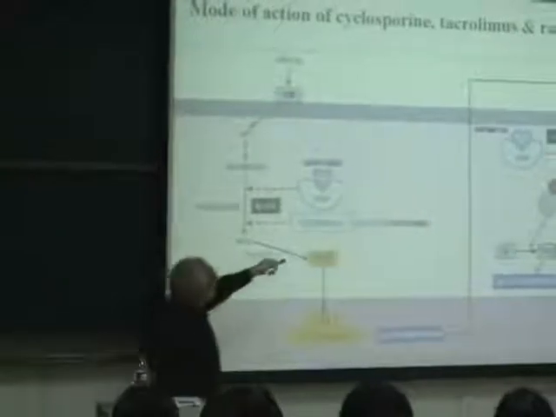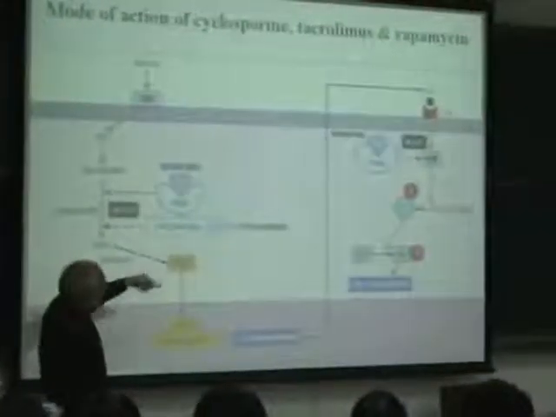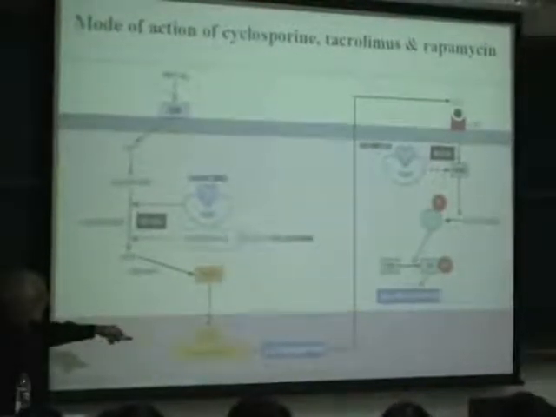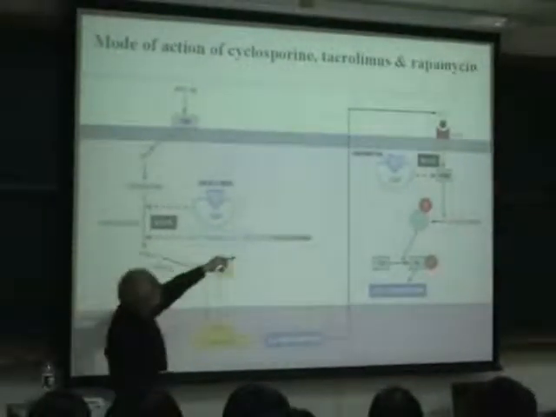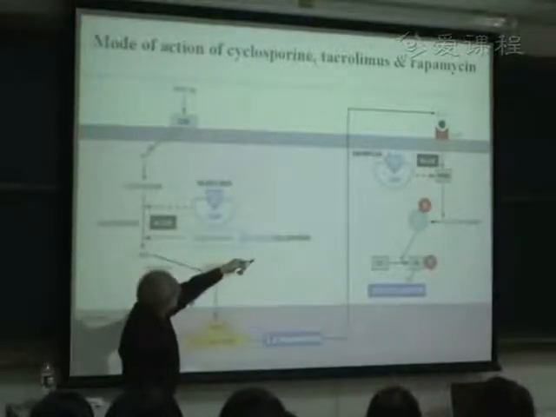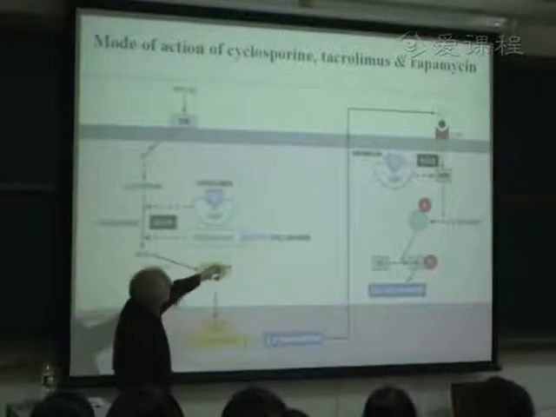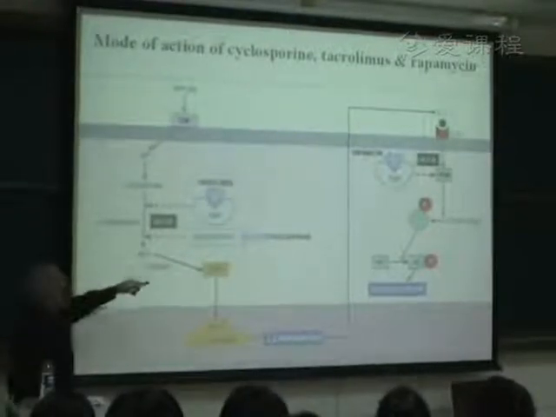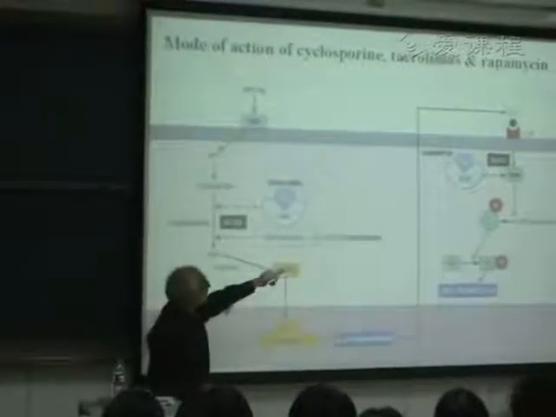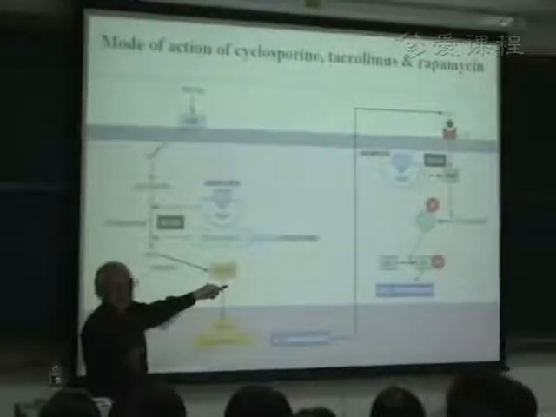In contrast, rapamycin acts later on. When T cells become activated, they start making interleukin-2. That interleukin-2 then binds to the interleukin-2 receptor on those T cells, and rapamycin blocks the signal from the interleukin-2 receptor. So tacrolimus and cyclosporine act very early in T cell activation, rapamycin later on, further downstream.